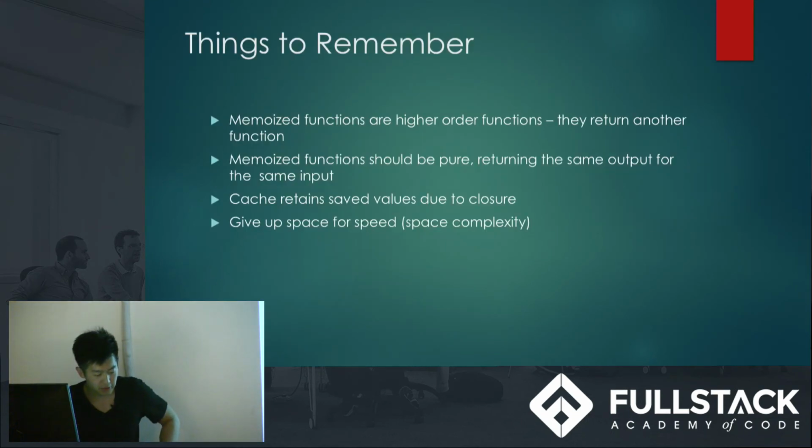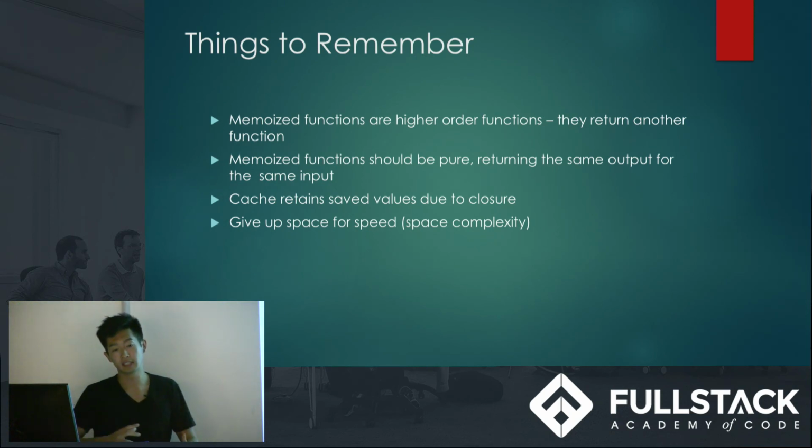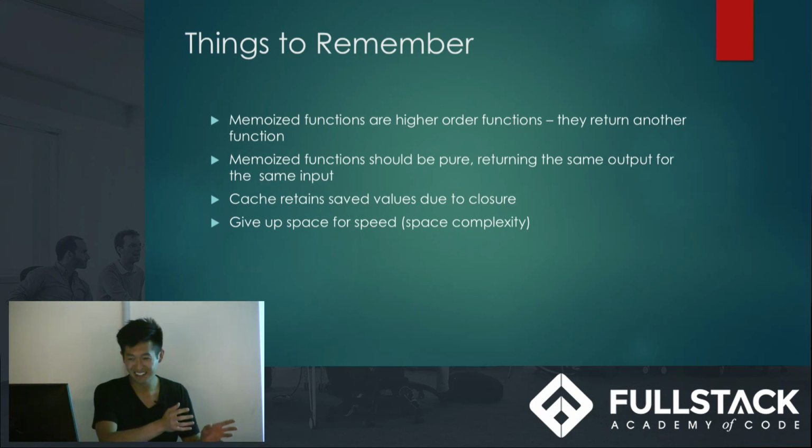Okay, and just some things to remember. Memoized functions are higher order functions, but also the functions that go into this memoized function should be pure, as in the input it takes should always return the same output. Because if we have any type of mutations going on in there, it would defeat the purpose of storing the result for that input. It's got to be pure.